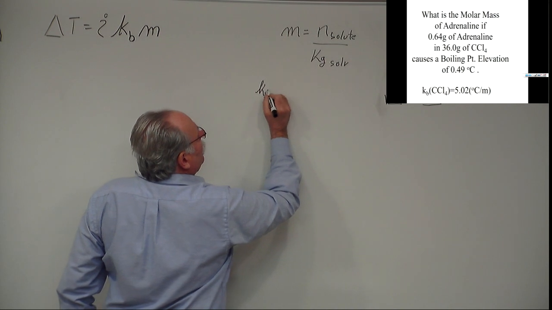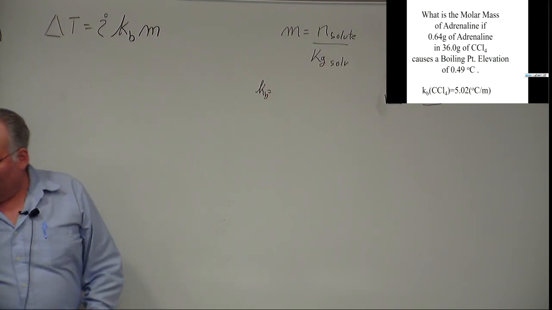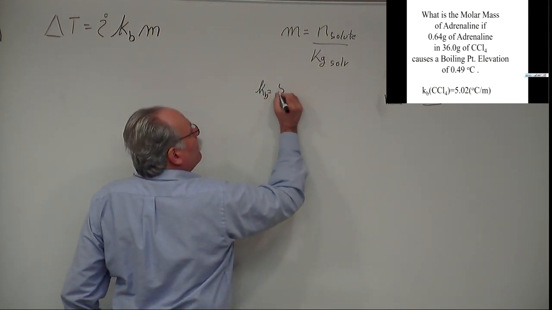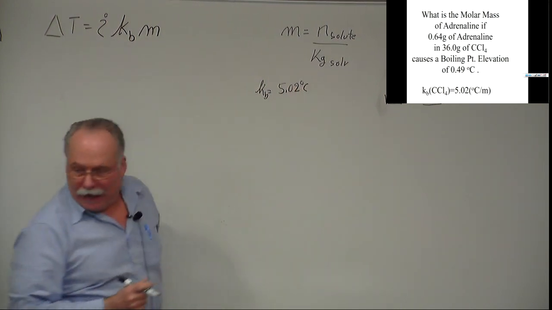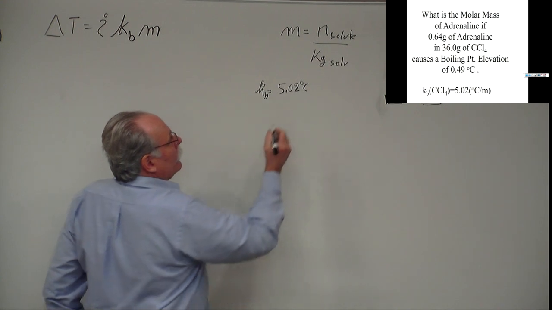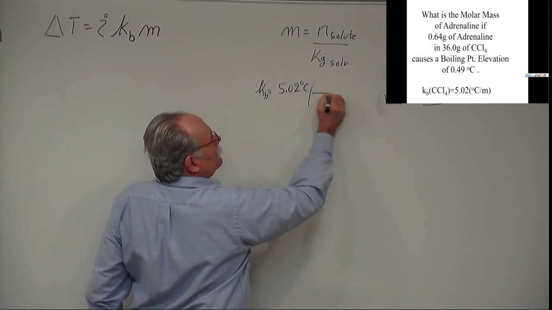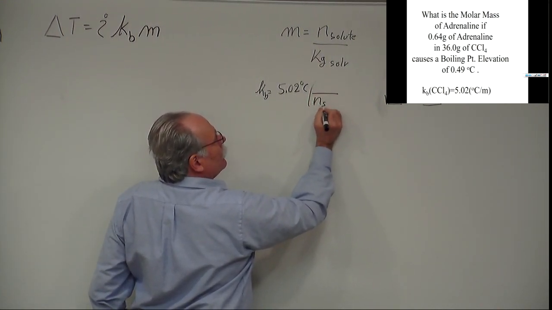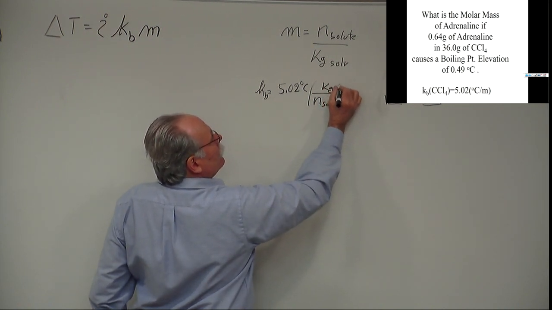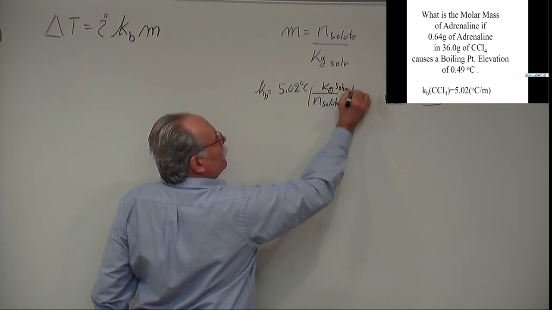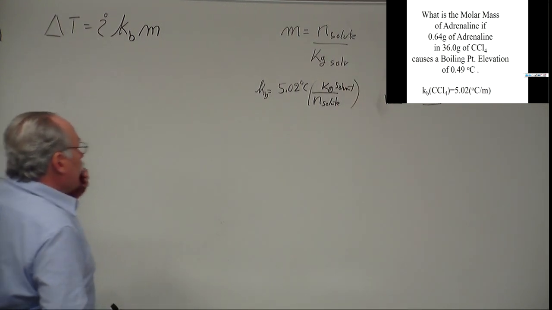Kb is equal to 5.02 degrees C divided by the molality, okay? And the molality could also be expressed as moles solute per kilogram solvent, okay? All right.